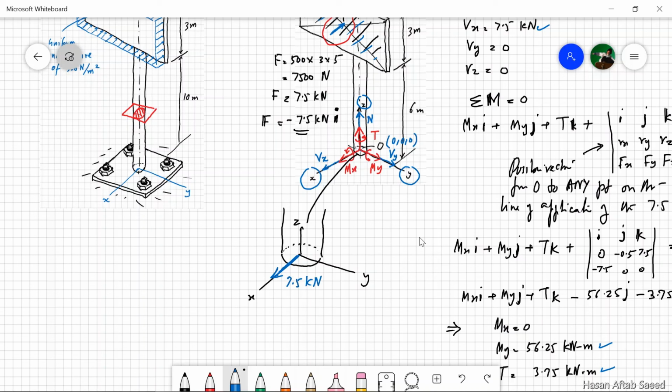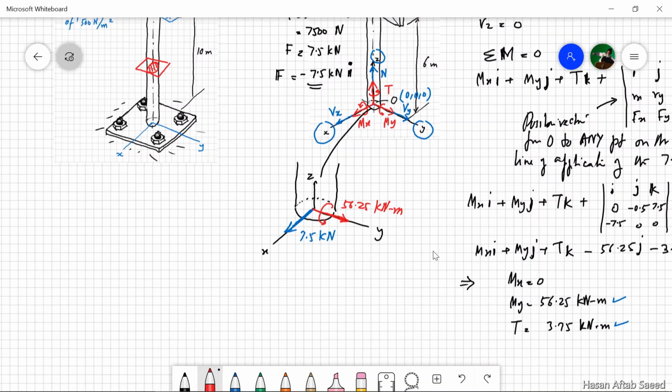Then we have My, which is the moment about the y-axis, and it is positive, so again positive sense, 56.25 kilonewton meters. And finally, moment T, which is torsional moment, again in the positive direction, shown here, in the positive sense.